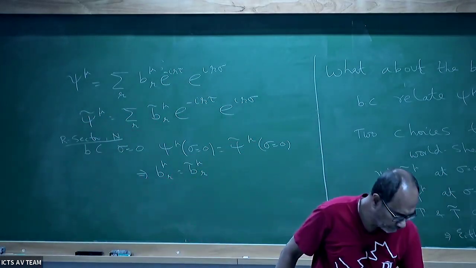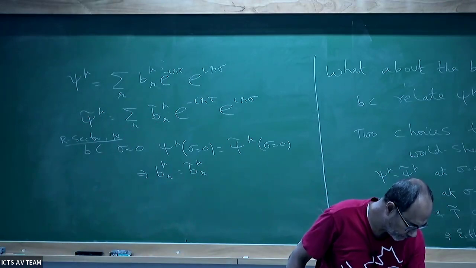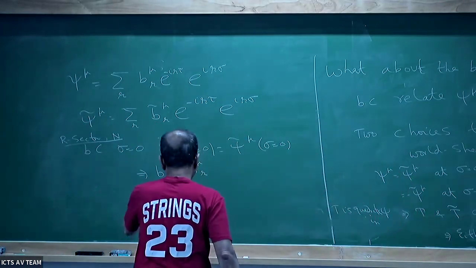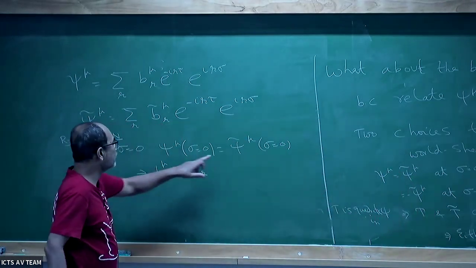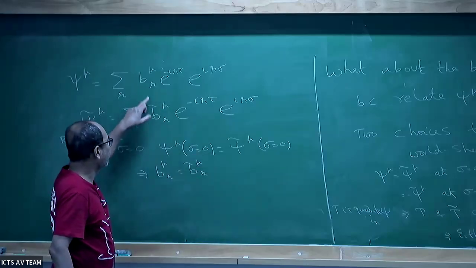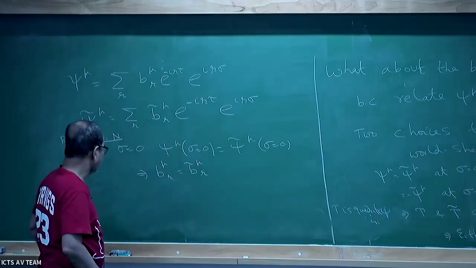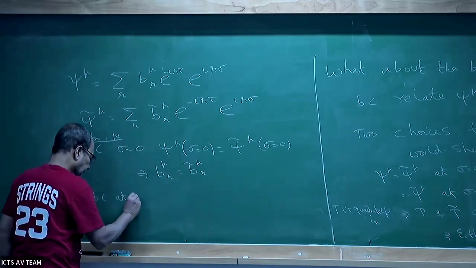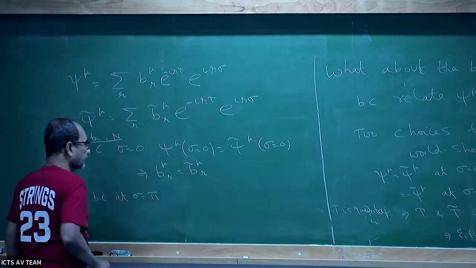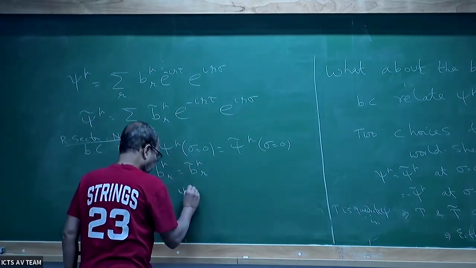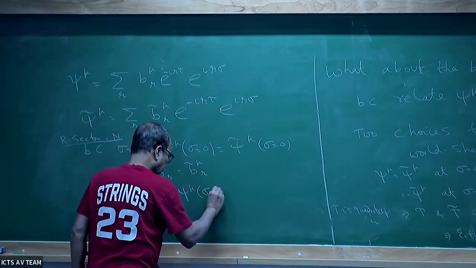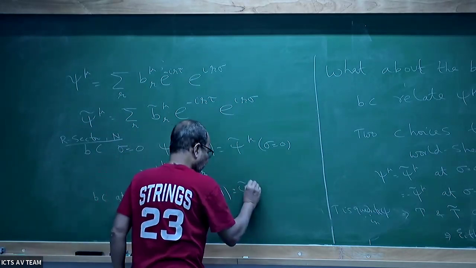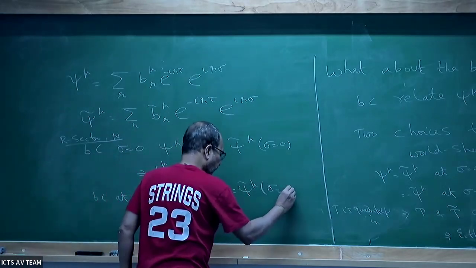Because if you want this boundary condition to be valid for all time, all tau, then these two can be equal only if these two are equal. The boundary condition at sigma equal to pi tells us that psi mu at sigma equal to pi is psi tilde mu at sigma equal to pi.